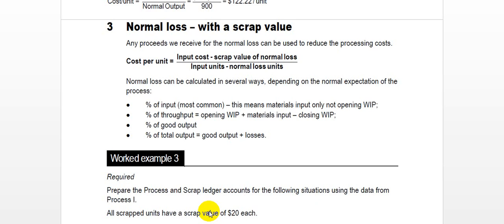We continue with the same example, but this time the normal loss, which we saw in the second example as being 10%, has got a scrap value of $20 each.